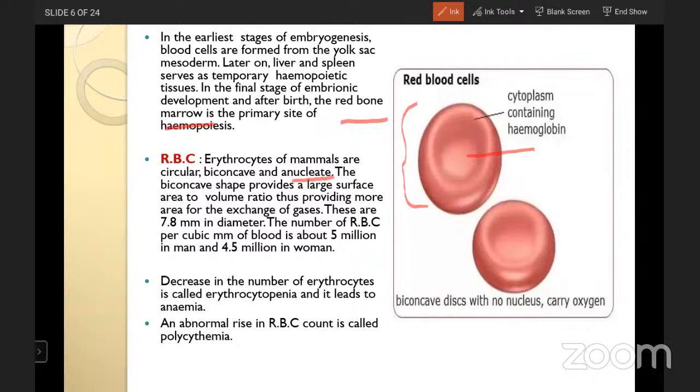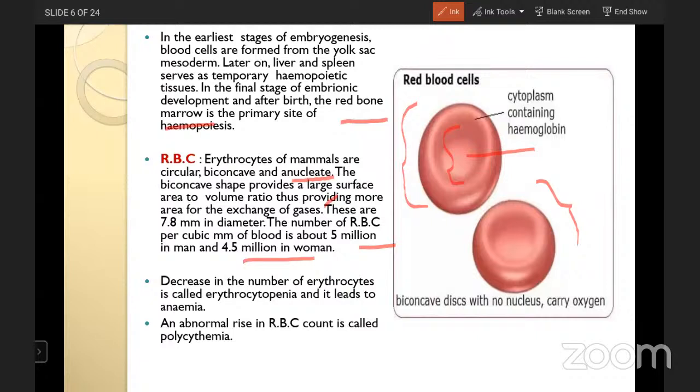The biconcave shape provides a large surface area for exchange of gases. These are 7.8 micrometers in diameter. The number of RBCs per cubic mm of blood is about 5 millions in man and 4.5 millions in woman.